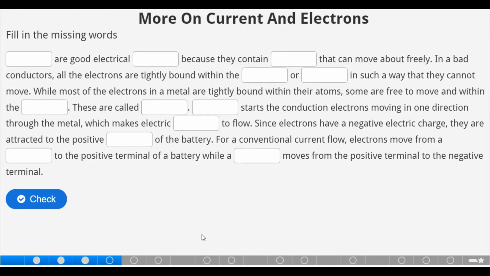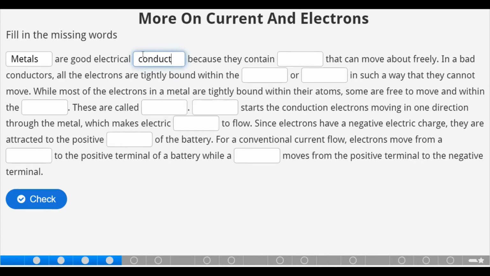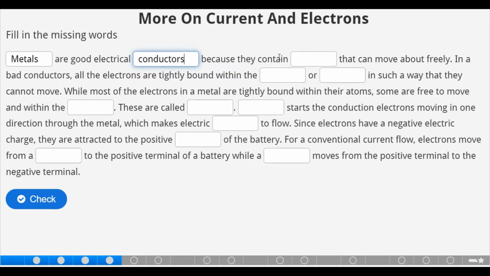Now, more on current and electrons. We are also to fill in the missing words. Metals are good electrical conductors because they contain electrons, just like we mentioned in the former slide, that can move about freely.